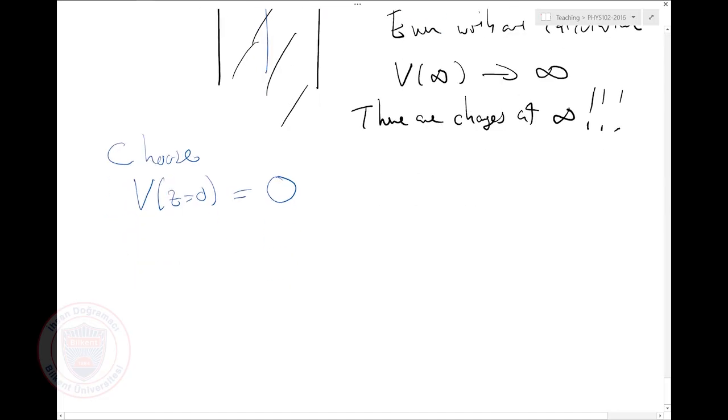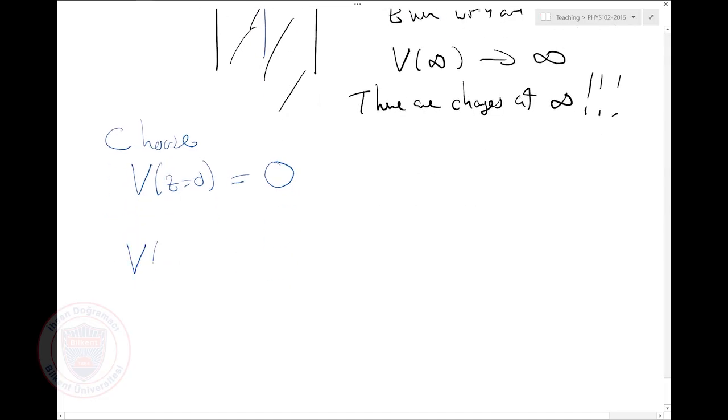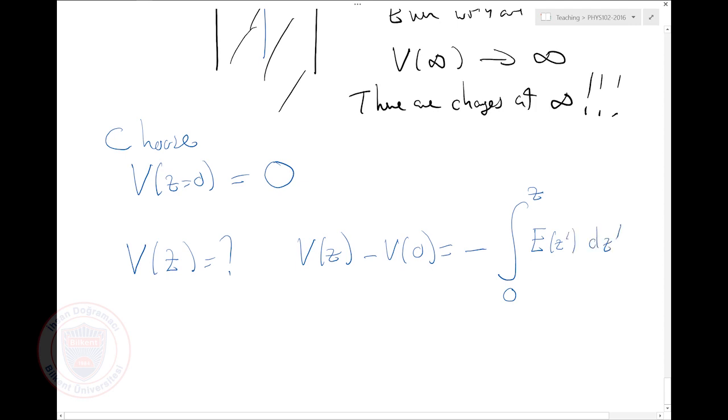All right? Good. Then how do I calculate V as a function of z? Well, V at z minus V at 0, by my definition, will be minus the integral from 0 to z of E of z prime dz prime, right?